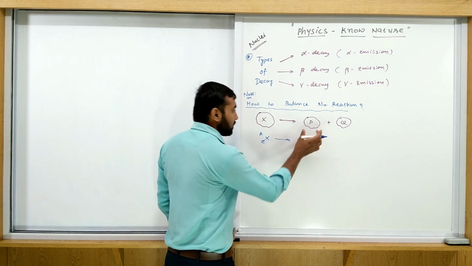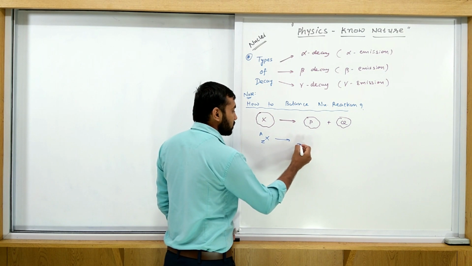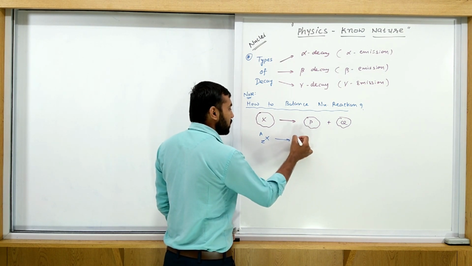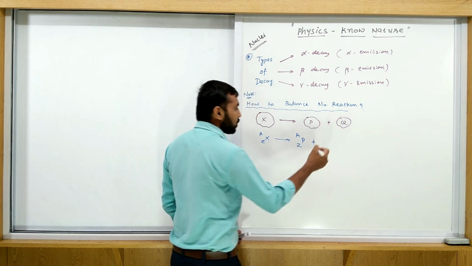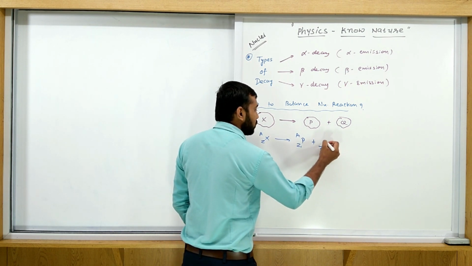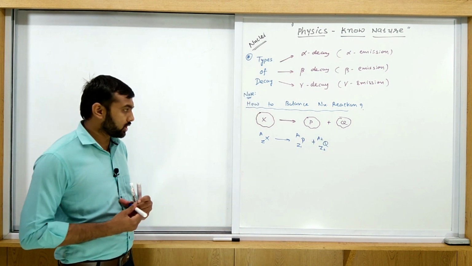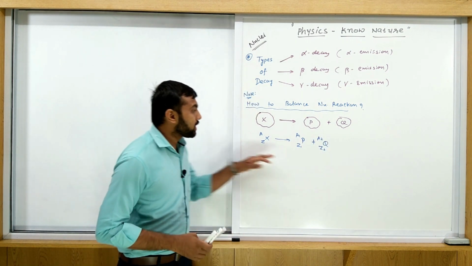and you write the nucleus P with atomic number Z1, so Z1 P A1, plus similarly for Q, Z2 Q A2.